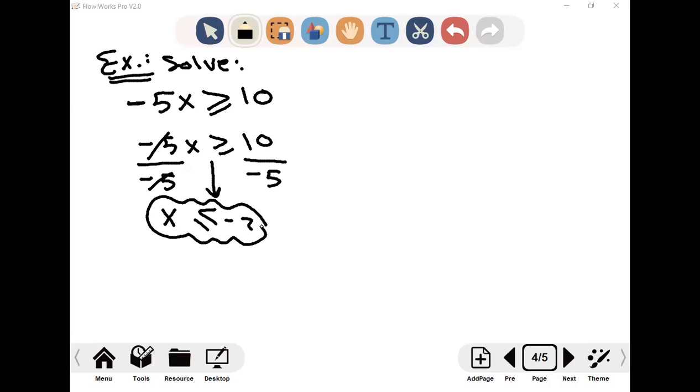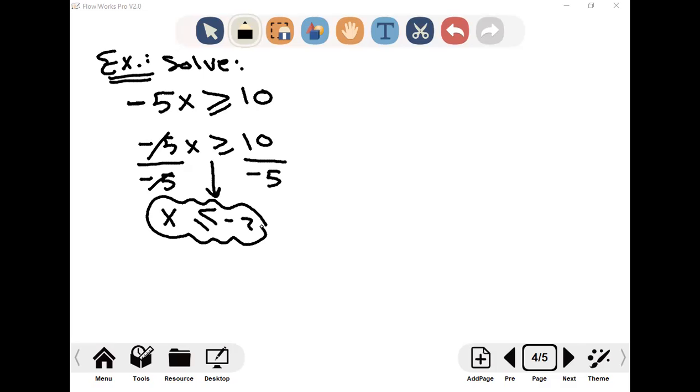Because we divide, why do we change the sign of the inequality? We follow our note. If we multiply or divide both sides of the inequality by a negative number, we change the sign of the inequality to the opposite. Read the note.